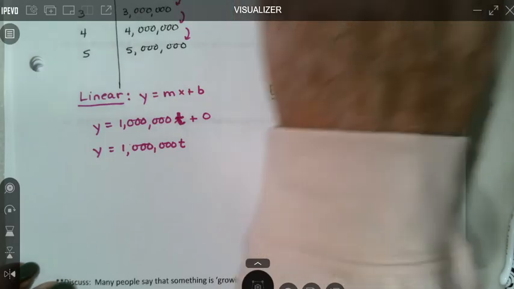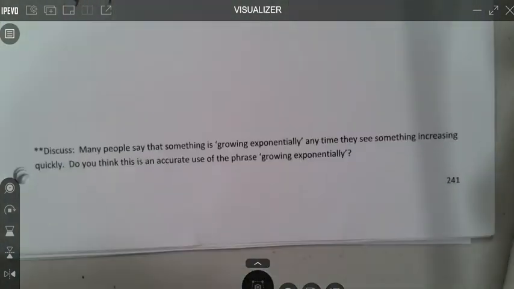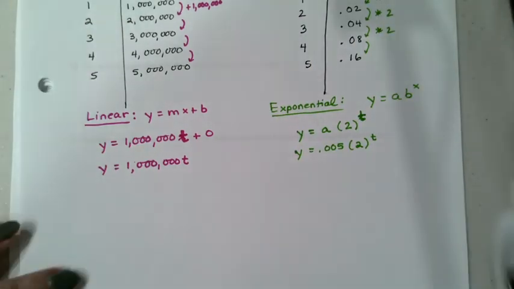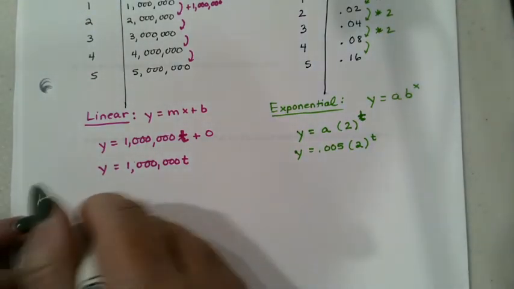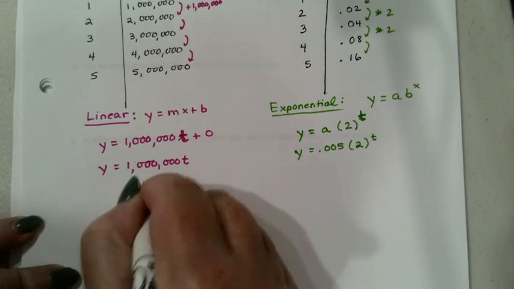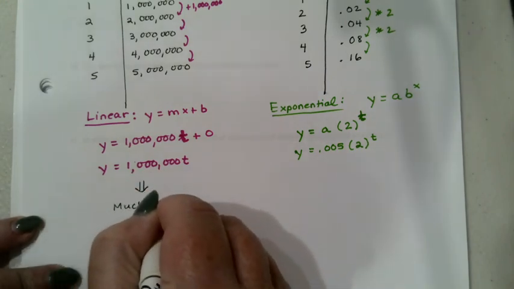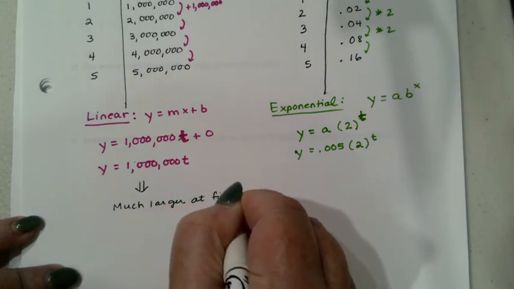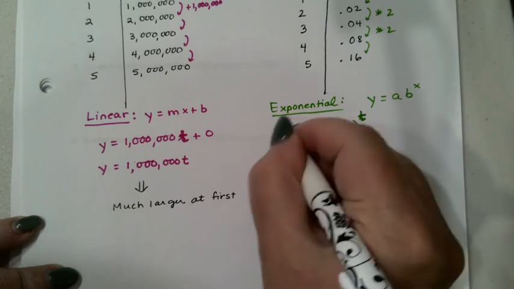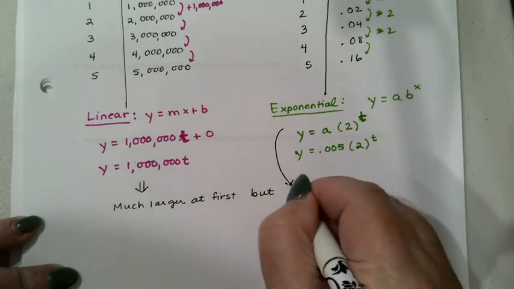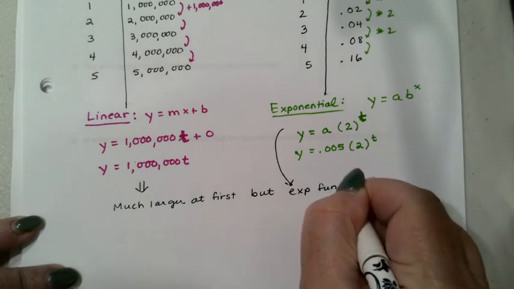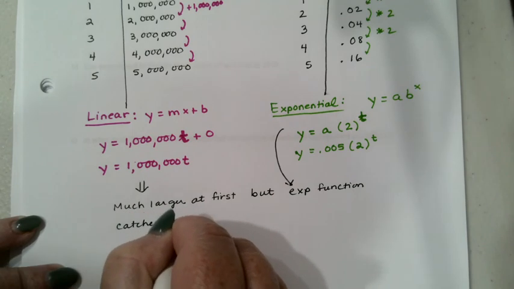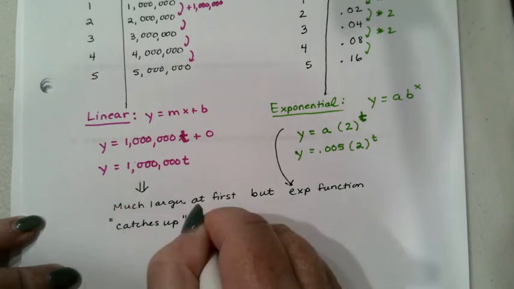Let's write down that much first. So the linear function is much larger at first. But this one, the exponential function, catches up on day 32.